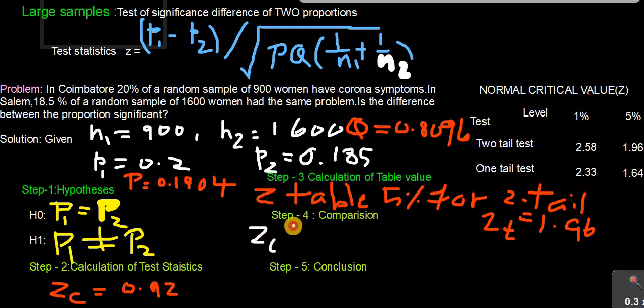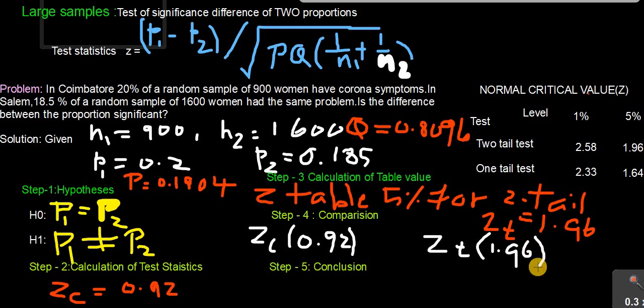The calculated value is 0.92, and then the table value is given here. That is the table value of Z in our case, which is equal to 1.96. Now I am comparing both of them.